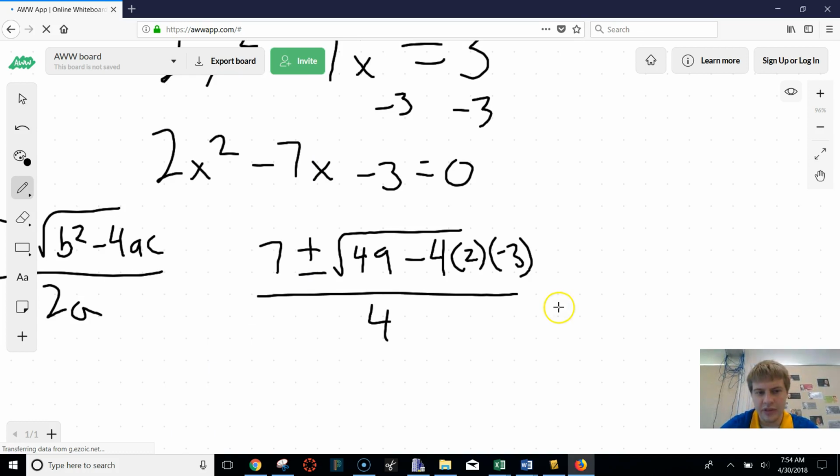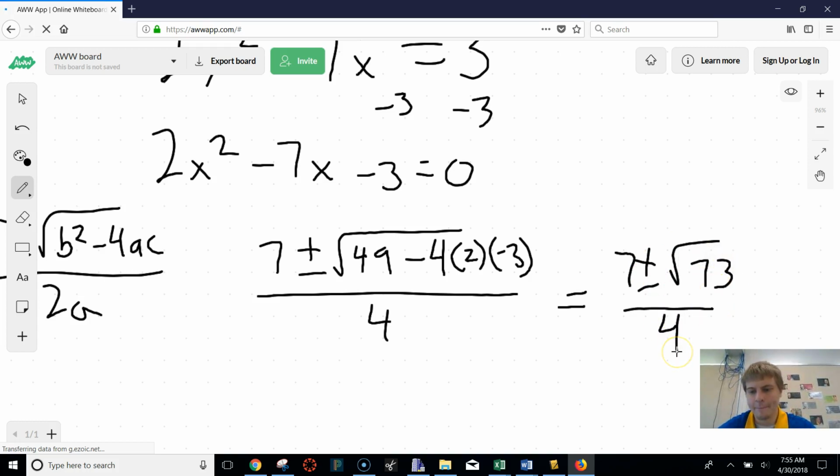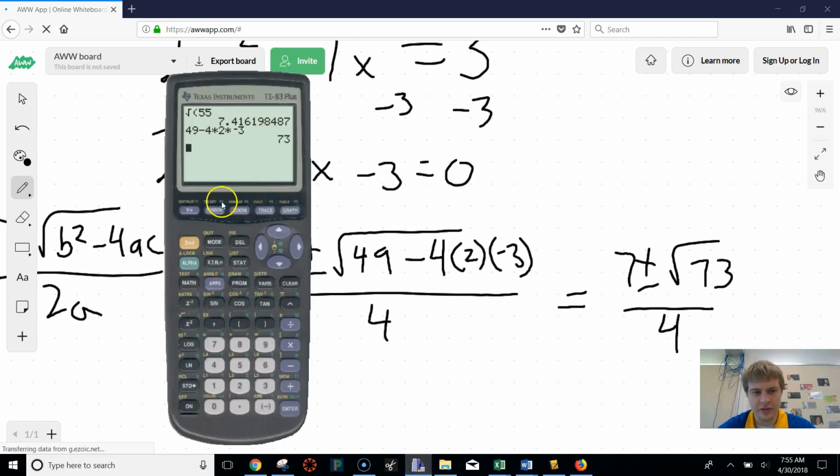And that's going to give me 73. So I'm going to say equals 7 plus or minus the square root of 73 over 4. And then, because that's not a nice number, I'm going to throw the square root of 73 in my calculator and see what I get, which will give me 8.5.